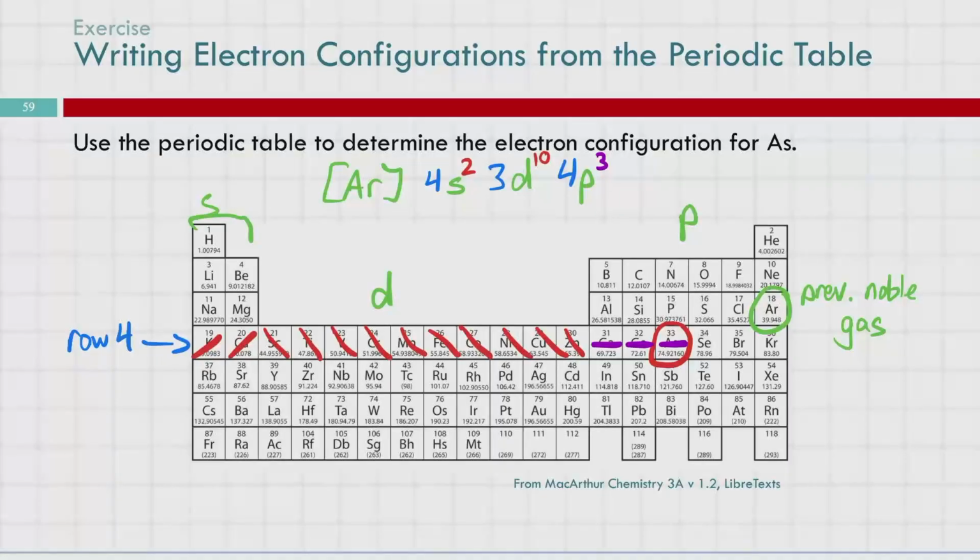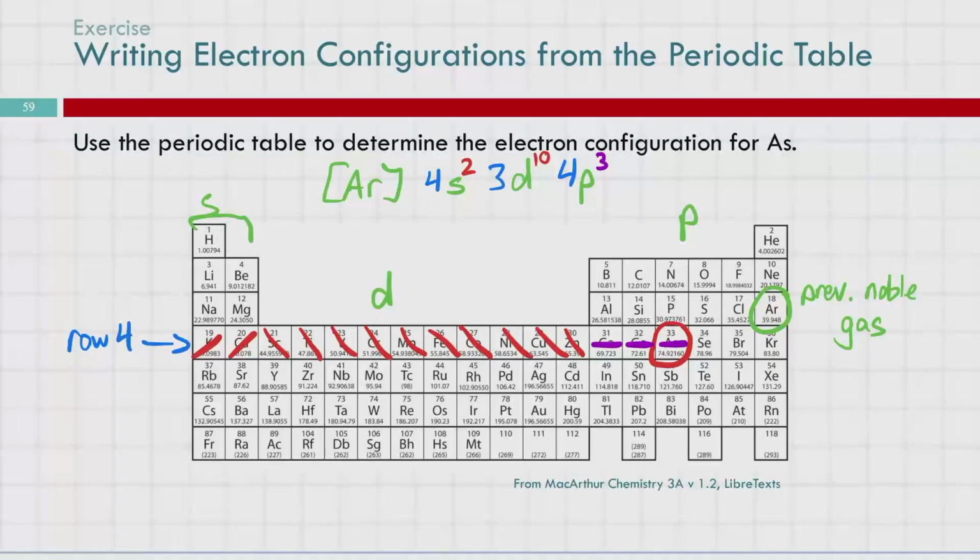Now, bonus question. How many valence electrons do we have? 5. Got some guesses for 5? Does anyone have a different guess? We have a guess for 3. Another guess for 5. A guess for 4.